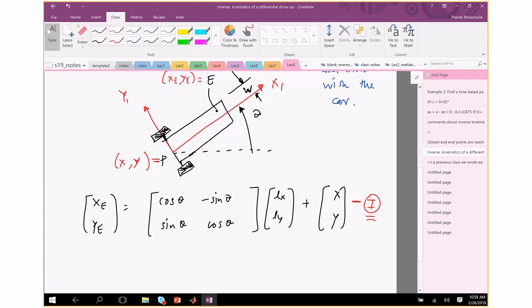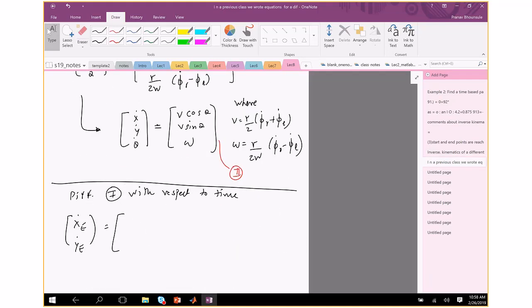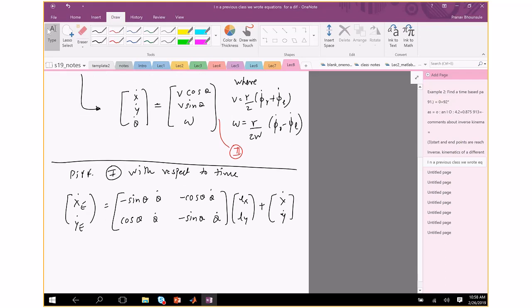So what you get is something like this: minus sine theta dot, minus cosine theta dot, cosine theta dot and minus sine theta dot, times Lx, Ly, and then you have x dot, y dot. Okay, but theta dot is omega.